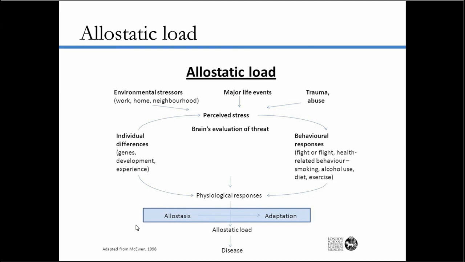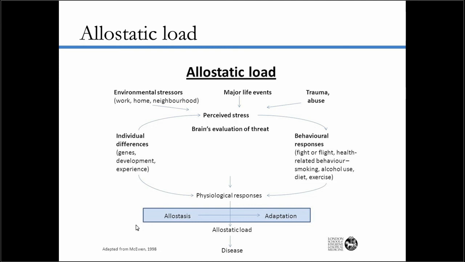And so our brain and our bodies will evaluate this stress, and there will be the release of hormones and cortisol and other things that can lead to individual differences on one side, where we see differences in gene expression and development and experiences, and behavioral responses, where people might, as a result of these stressors, be more likely to engage in health-related behaviors like smoking or alcohol use or unhealthy diets, or be less likely to exercise.